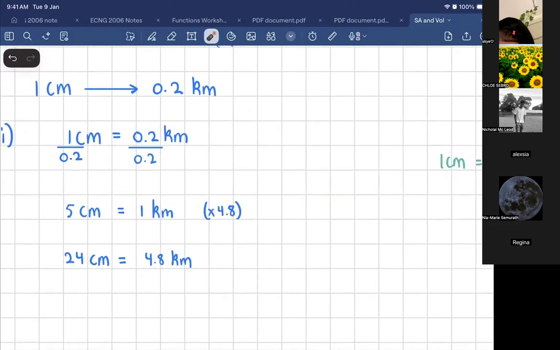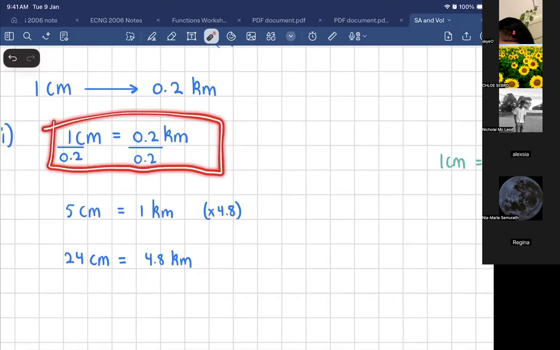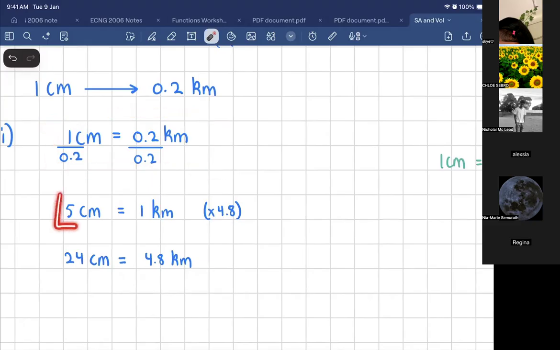Did this part confuse you? No, sir. All right. Why did I want to obtain this? Tell me, why do you think I wanted to obtain that? To find out how many centimeters are 1 kilometer. Exactly. Once I know that, I could figure it out for anything really.